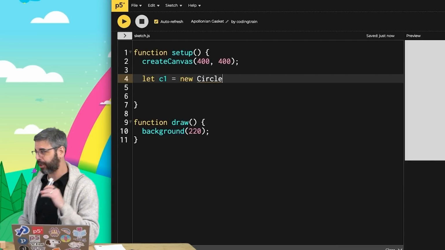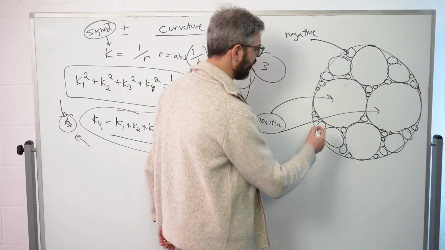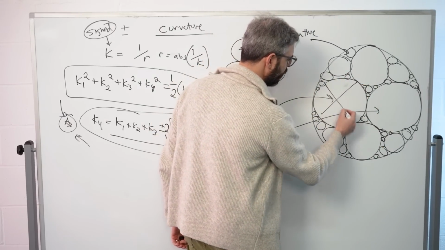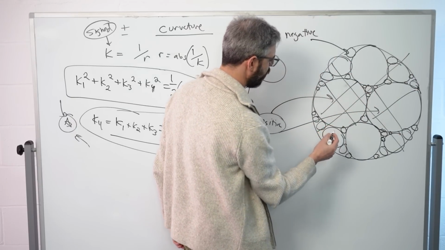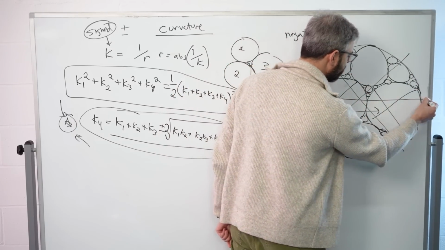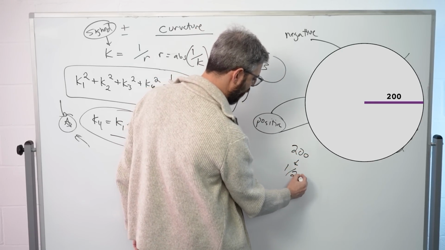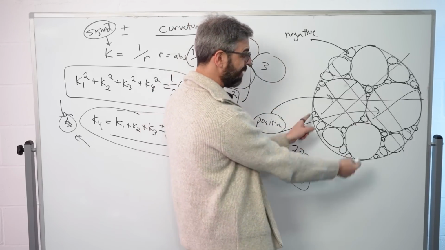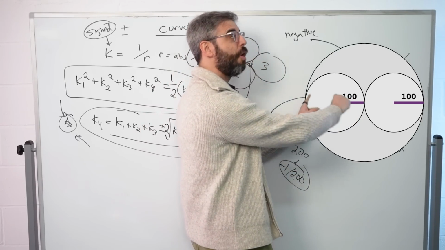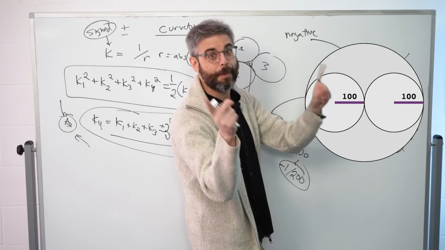What should their curvatures be? Well, on this diagram of the Apollonian gasket, this is one of my circles, this is one of my circles, and the big circle is one of my circles. So if the radius of this circle was something like 200, the curvature would be 1 divided by 200. But remember, the outer one is negative. And then the inner ones would have a curvature of 1 divided by 100, 1 divided by 100 if they're half, and they're positive.